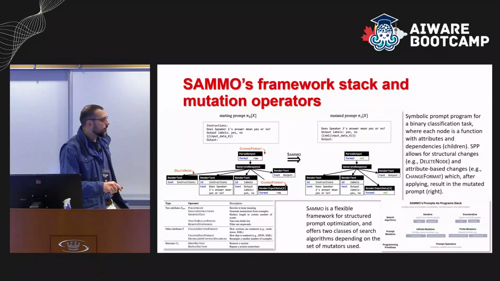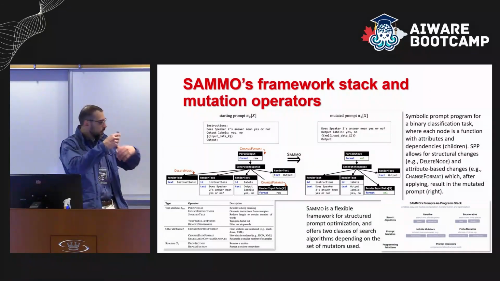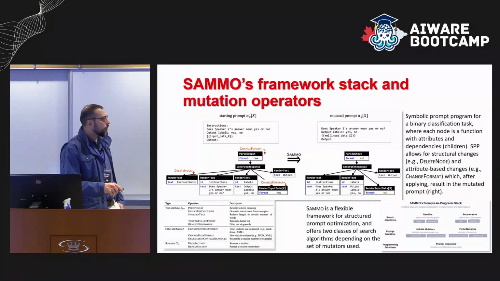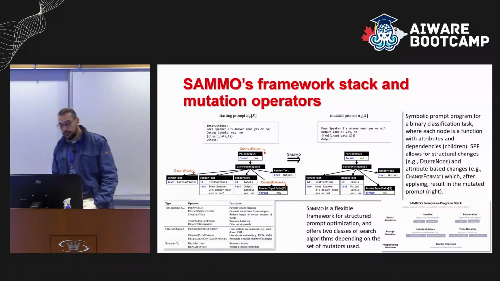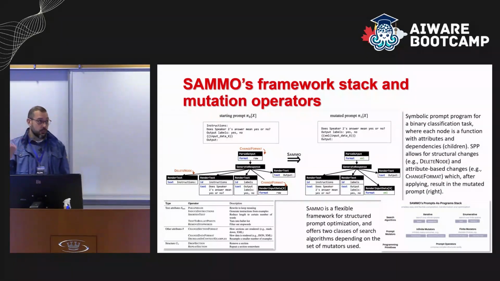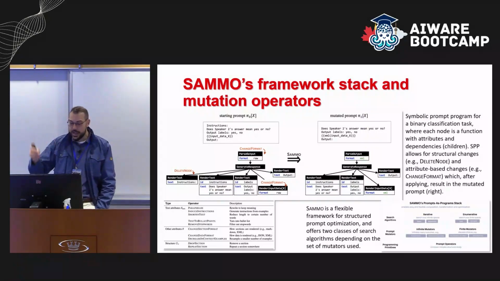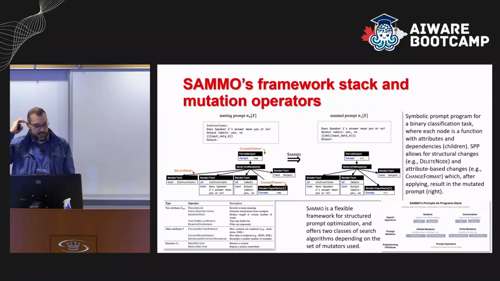This graph that you are seeing here, this DAG, is actually the program representation. There are a lot of operations such as delete node, change format, and so on that it applies randomly and comes up with new programs. These new programs are evaluated, and the best configuration of the best program is returned as a result.